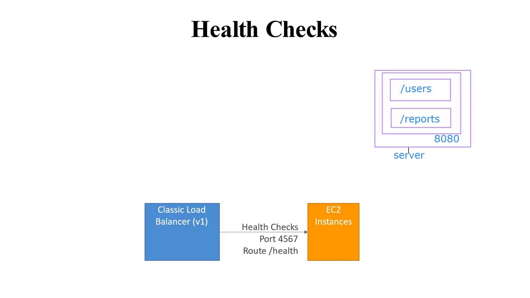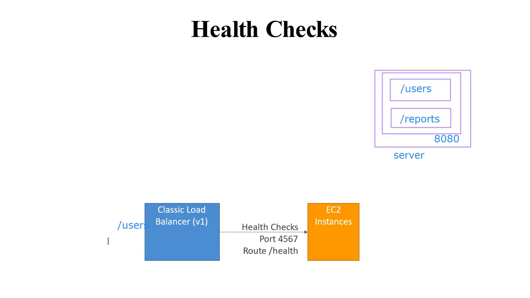So if the server receives a request with the server IP address, port number 8080/users, now this application has to respond. So if the request is received by the load balancer with /users, it has to route to this users application, right?